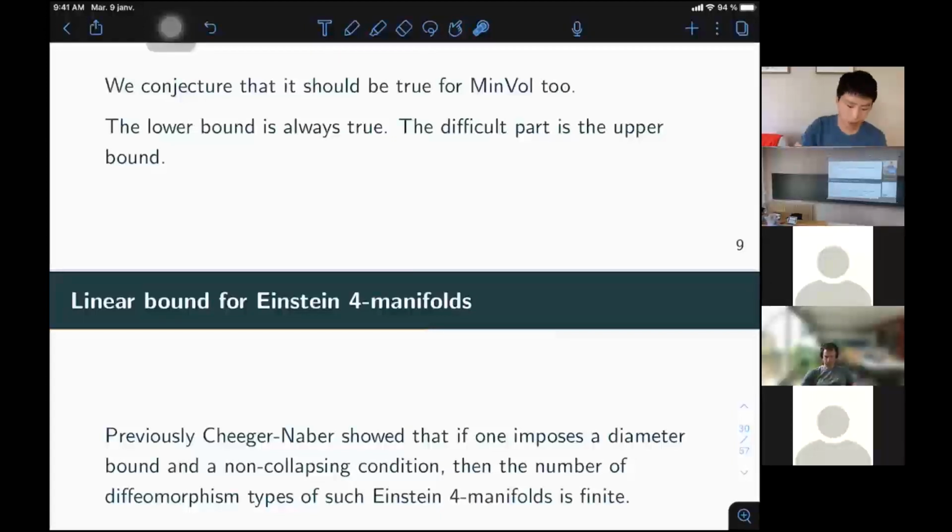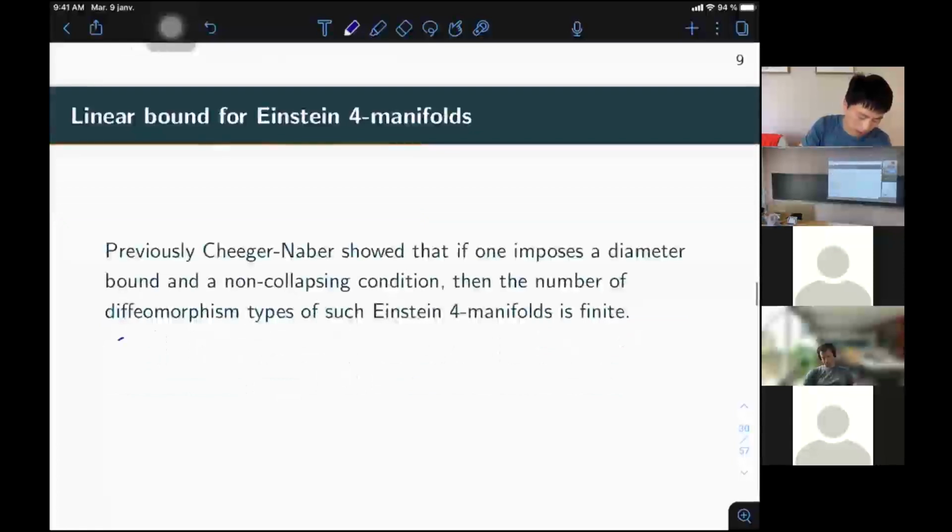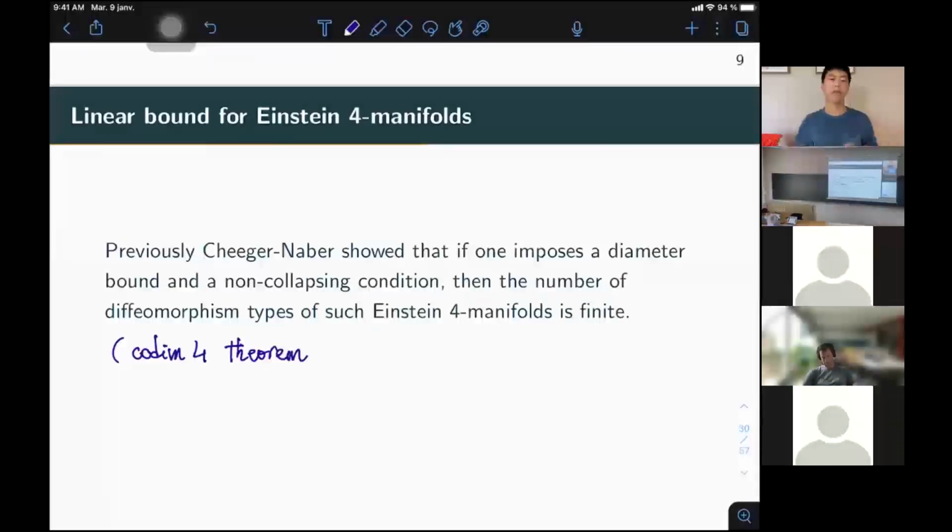What they prove is something more general: a codimension 4 theorem that says that the singular set of non-collapsed Ricci limits has codimension 4, and in particular, when you use that result in dimension 4, you get this finiteness result.